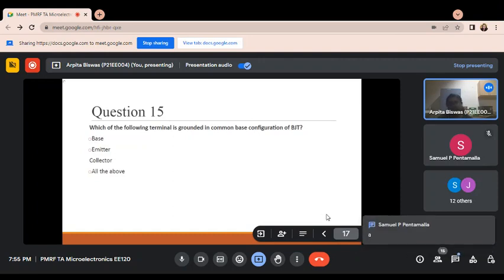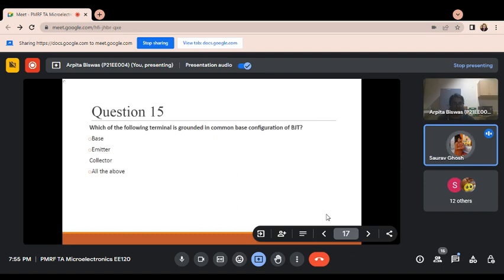Which of the following terminals is grounded in common base configuration of BJT? Base, emitter, collector, or all of the above. So this is a very easy question. I think all of you know the answer. Yes, madam. So in common base, which one is grounded? Ma'am, the base is grounded. Okay. Anyone else? Please unmute yourself and try to get the answer.